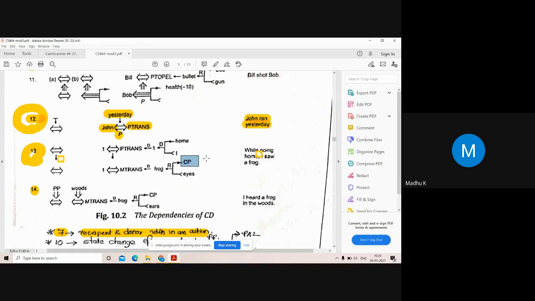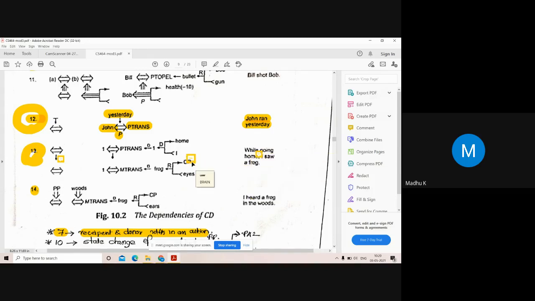Here CP is used to represent, actually, brain. That is, through eyes I am seeing the frog, and the image of that frog is stored in my brain.